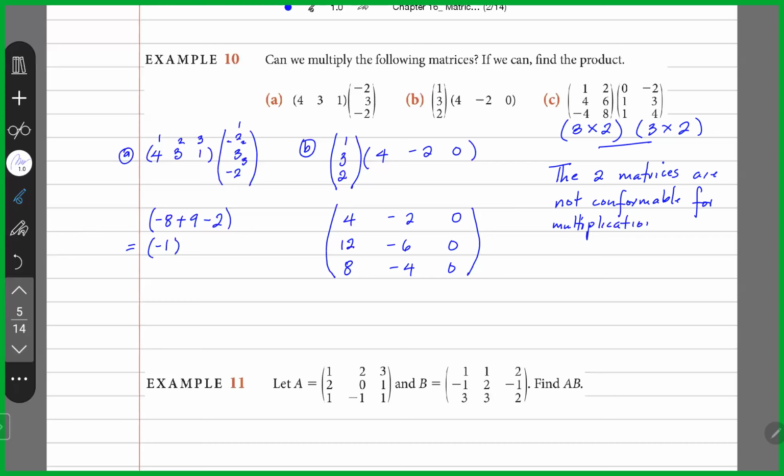The basic reason for that is that the number of columns in the first matrix is not equal to the number of rows in the second matrix.